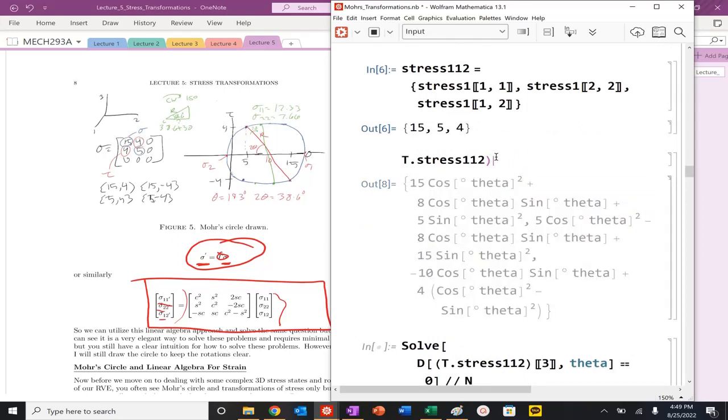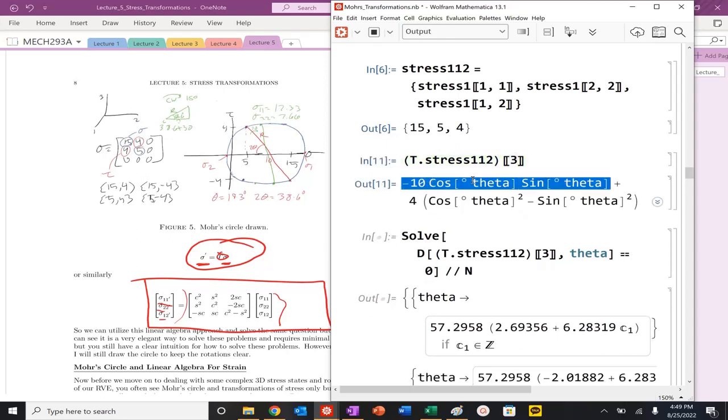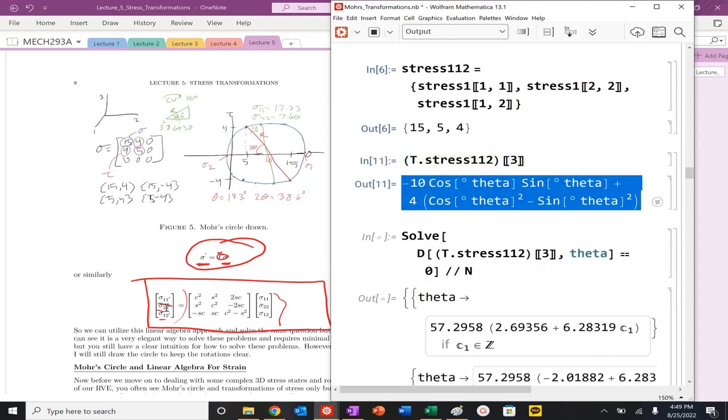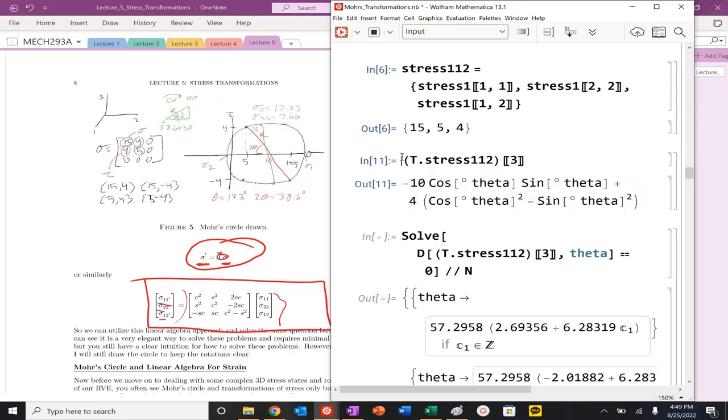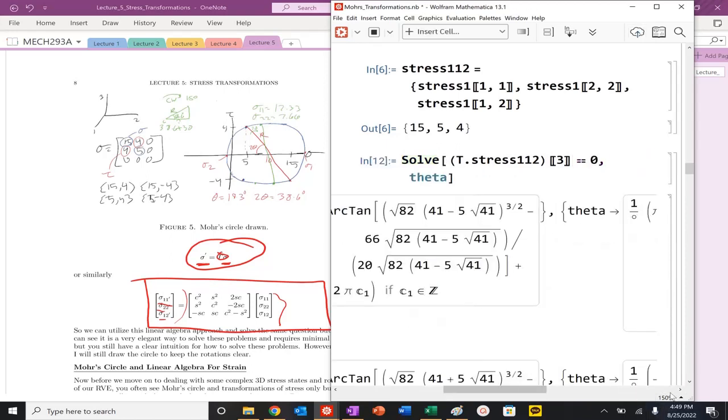I could pull out equation 3. This is the equation that gives me sigma prime 12. If I'm in my principal stress state, I know that this value should be equal to 0. So give me the theta that achieves this goal.